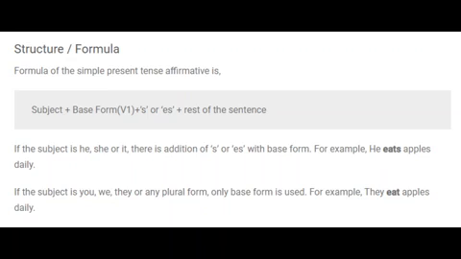Now see the next sentence. If the subject is you, we, they, or any plural form, only the base form is used. For example, they eat apples daily. If the subject is singular, we use s with the verb, and if the subject is plural, we do not use s with the verb.